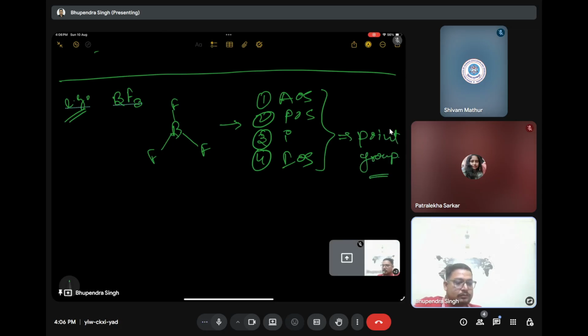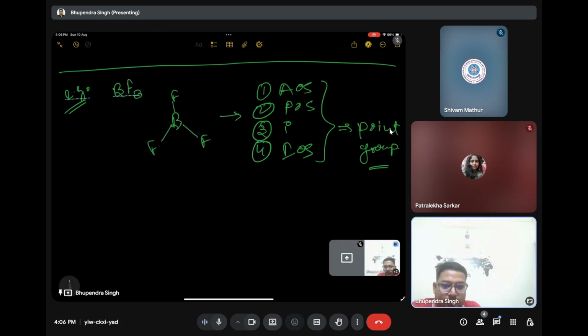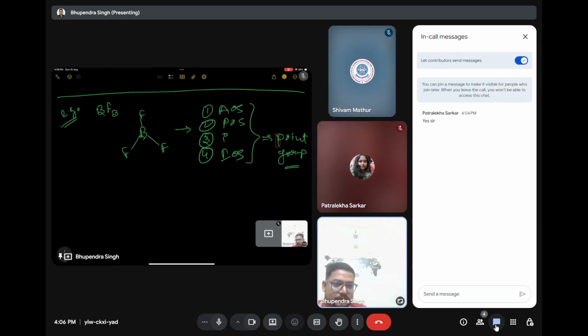Okay. So tell me, what are the symmetry elements present in BF3, this molecule? If you are able to speak, you can speak, or if you are able to write, just type in the chat box. C3, yes.